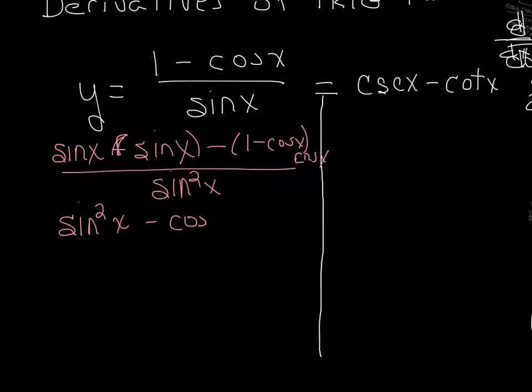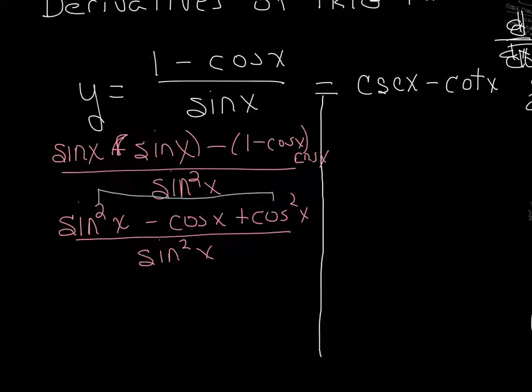That one's just by itself, minus the cosine of x, plus the cosine squared of x, all over sine squared of x. And sine squared plus cosine squared is 1.